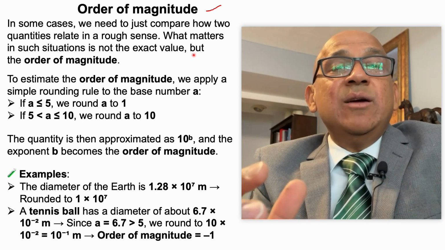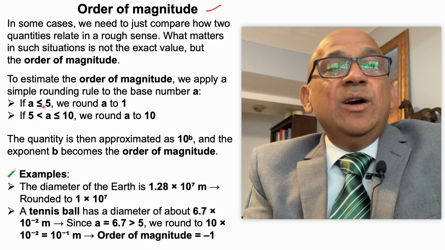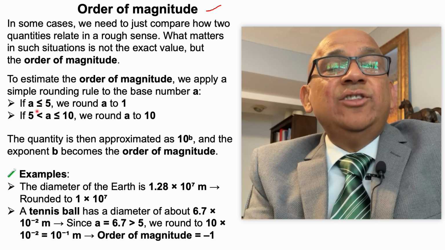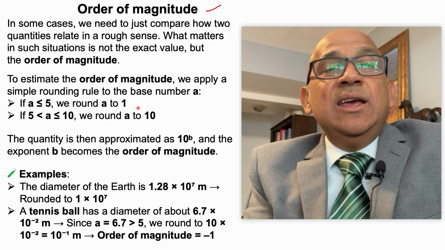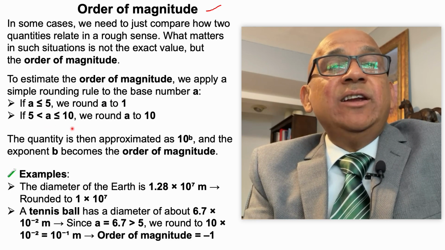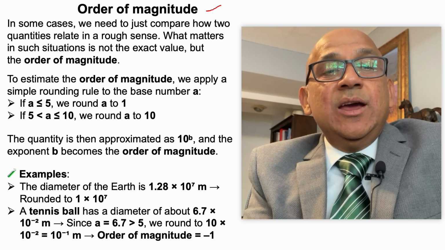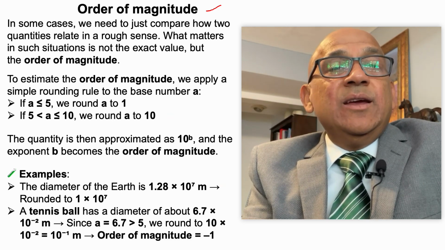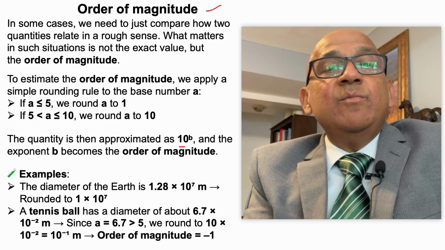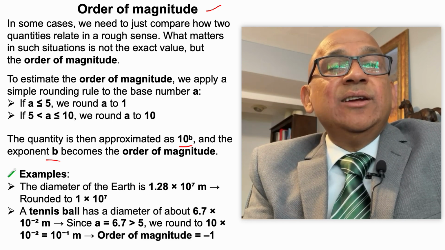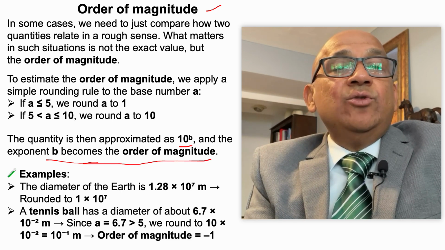For doing such estimation, we assume that if a is less than or equal to 5, we round a to 1, and if a is between 5 and 10, we round a to 10. So the quantity is then approximated as 10 to power b, and the exponent is called the order of magnitude.